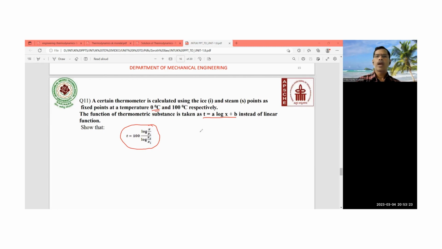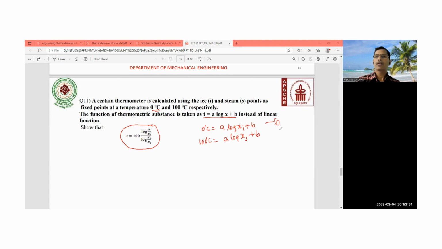Now here also, at 0 degree centigrade, the ice point, you can write it as a log xi plus b. If it is the steam point, that is at 100 degree centigrade, it is equal to a log xs, the thermometer property of steam, plus b.